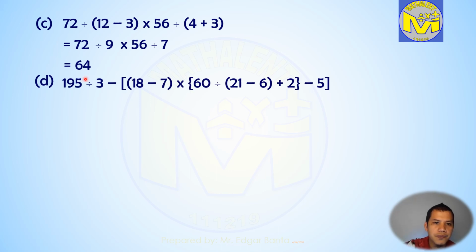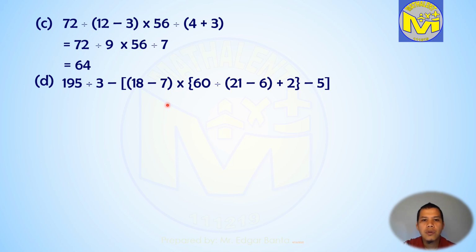Letter D. Letter D, we have a complete package. We have round brackets, we have curly and square brackets, and then we have division, multiplication, addition, and subtraction.